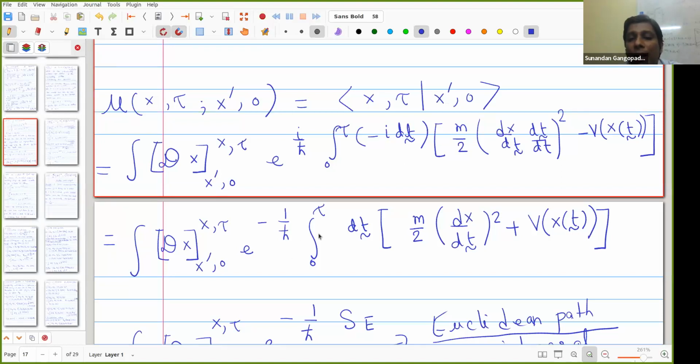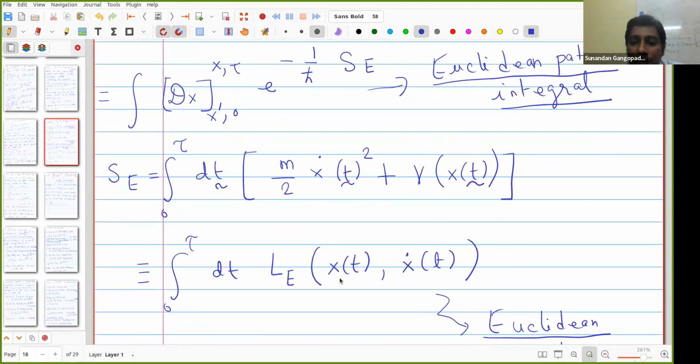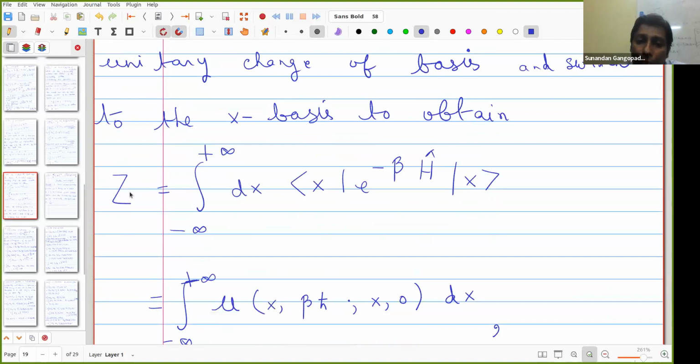It is like e to the power of minus beta En. You can see it from this form. It is e to the power of minus 1 by h bar A_E, where A_E is the Euclidean form of the action.